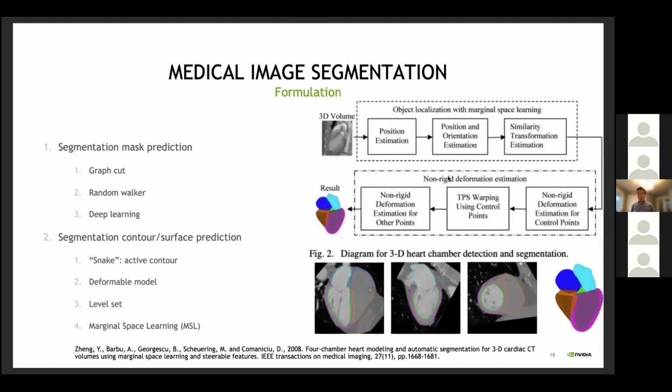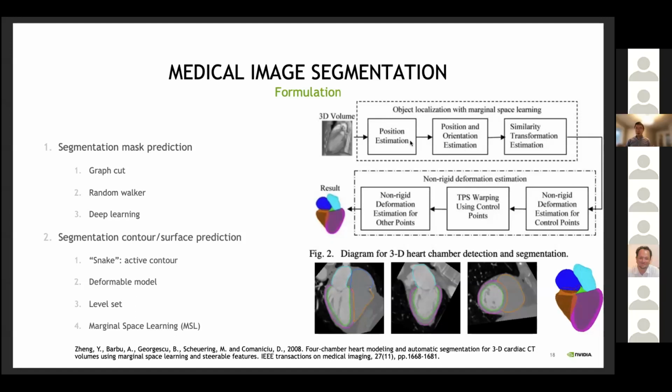And the next one I'll talk about is marginal space learning. It's an innovative way to do medical image segmentation, especially in 3D, at that time, like 2008 or 2006. So this is quite a powerful tool. Researchers from Siemens created this algorithm. They have three estimators to estimate position, orientation, and similarity translation.